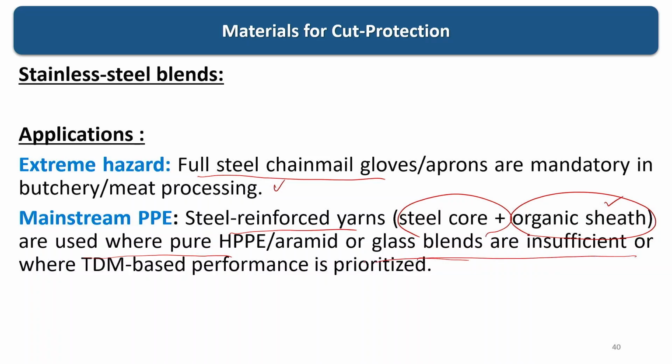Only HPPE or aramid or glass blends can give protection up to a certain extent, but where extreme hazard threats are there we need stainless steel reinforcement, or where TDM based performance is prioritized.